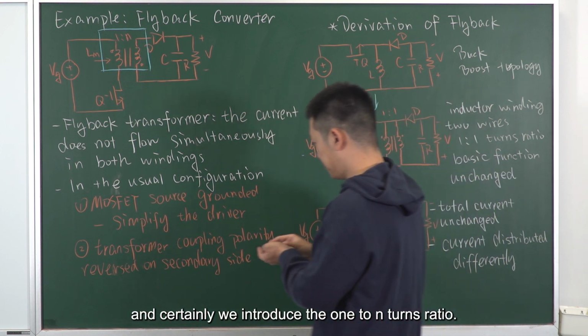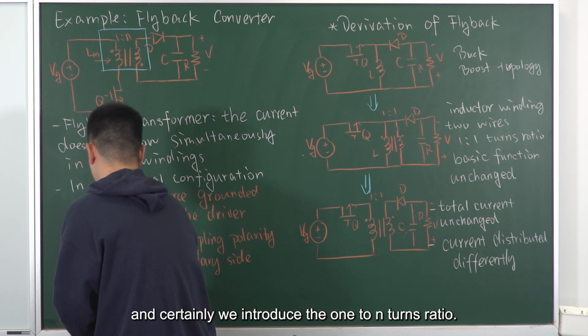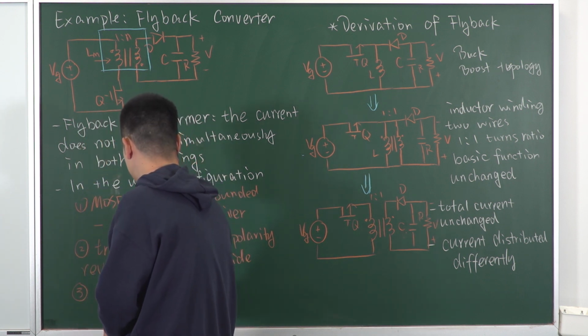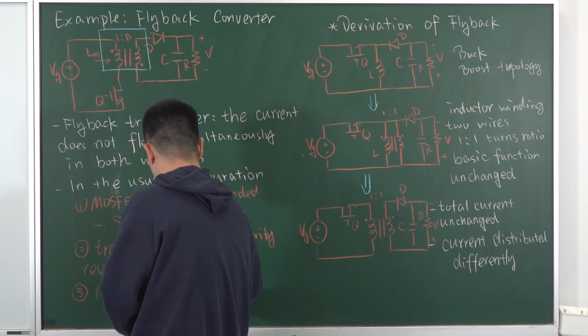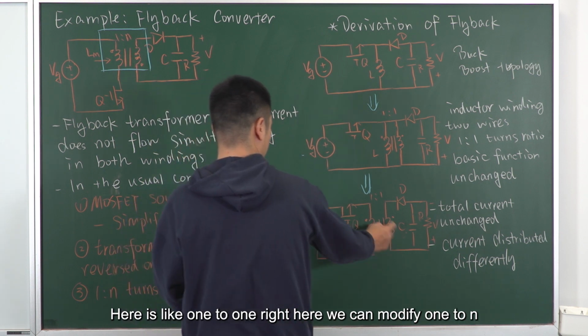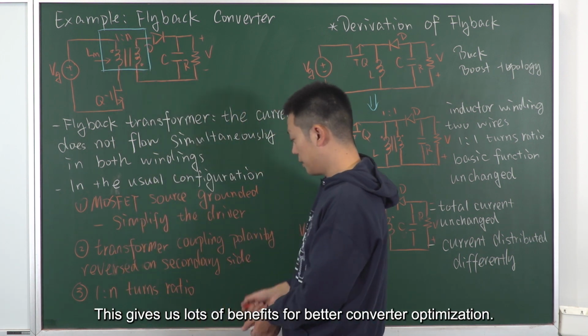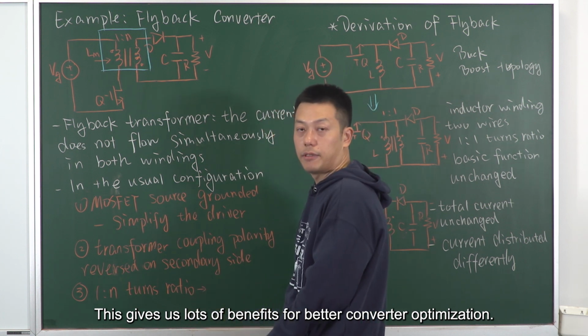And thirdly, we introduce the 1-to-n turns ratio. Here it is 1-to-1, and here we can modify it to 1-to-n. This gives us lots of benefits for better converter optimization.